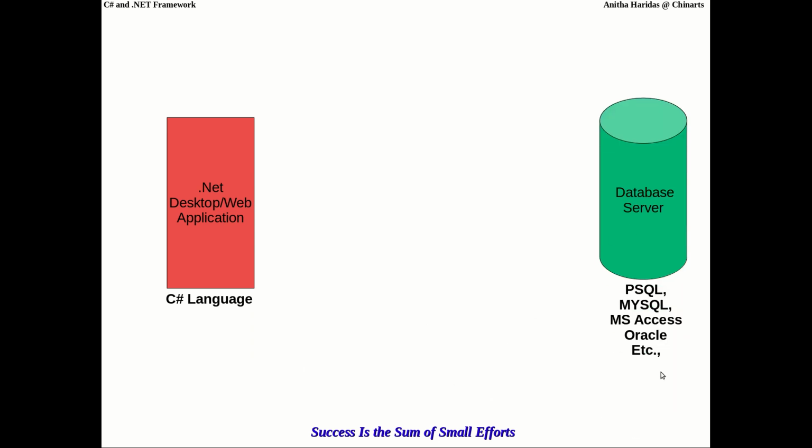This side you have the database server, and you want these two components to communicate, for which I am going to have an interface between the web application and the database server, or the desktop application and the database server. Since both of them are using different languages, you keep a mediator. The mediator is generally called an application programming interface.